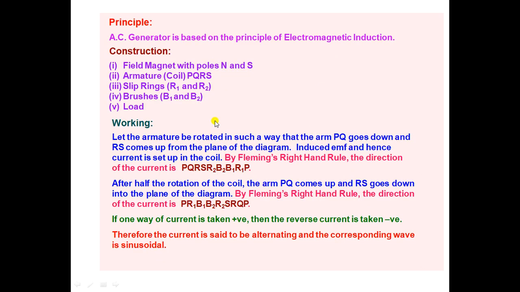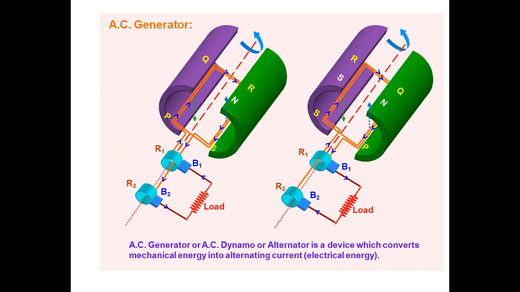After that, R1 and R2 are the slip rings that are connected to the armature, and B1 and B2 are the carbon brushes, and those two are connected with the load.